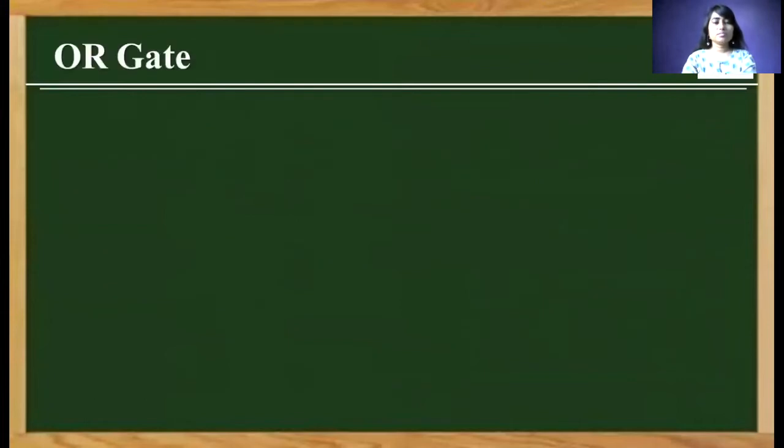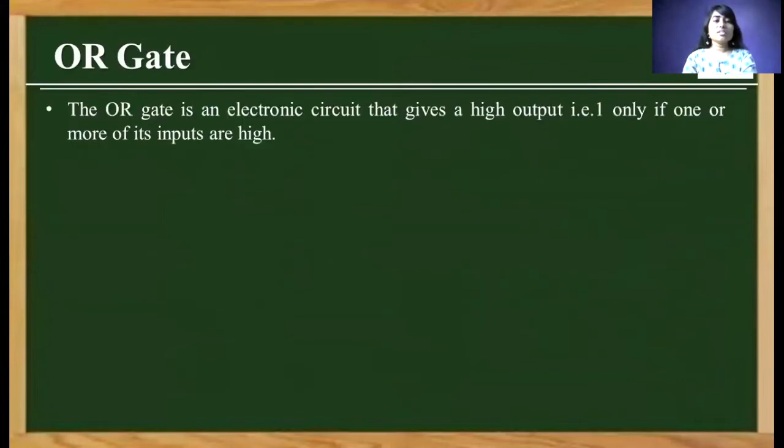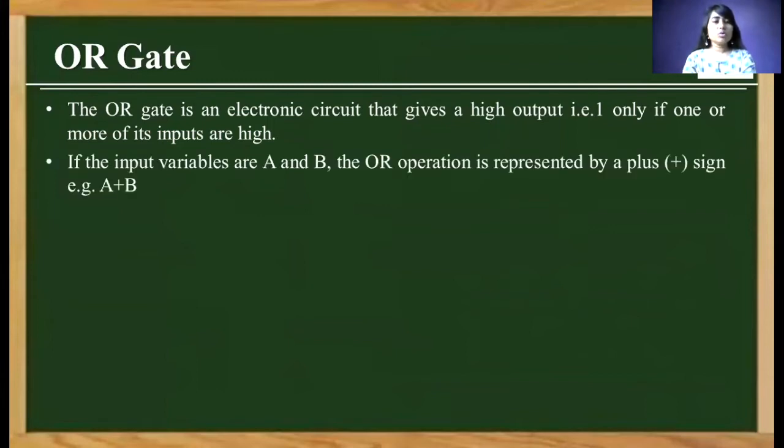OR gate. The OR gate is an electronic circuit that gives a high output, that means 1, if one or more of its inputs are high. That means whenever one of the inputs is 1, we have a 1 output. If the input variables are A and B, the OR operation is represented by a plus sign.